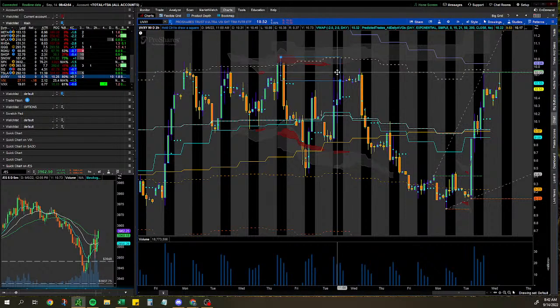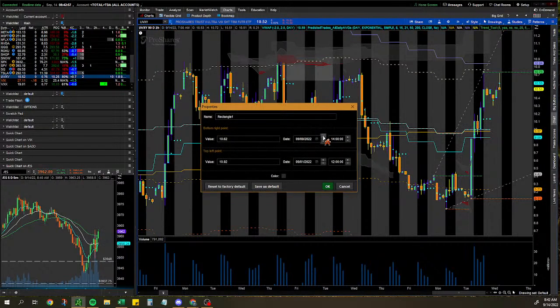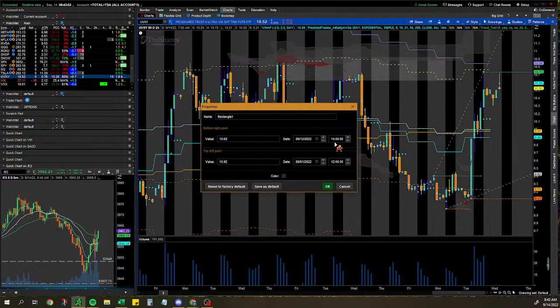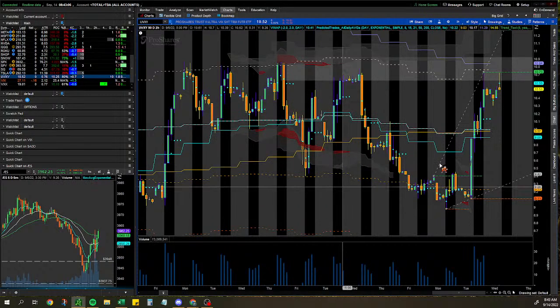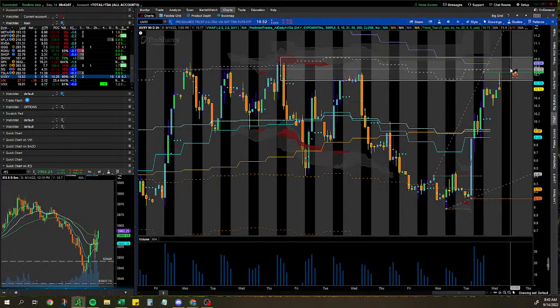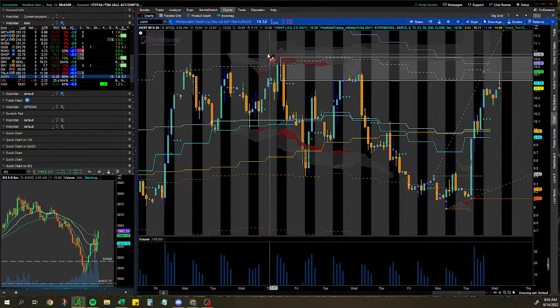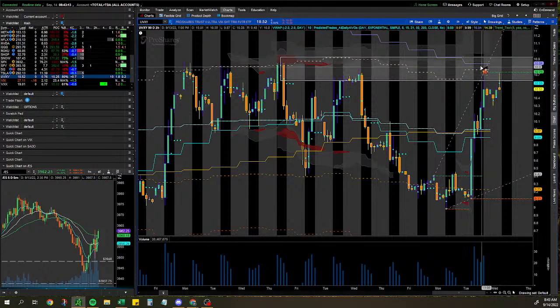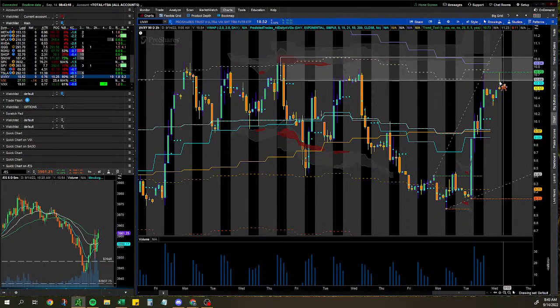Yeah, I'm going to go with that. All right, so we've got a zone of resistance here. We have our daily 50 and that first Keltner up in that zone.